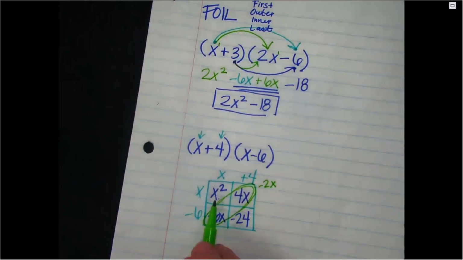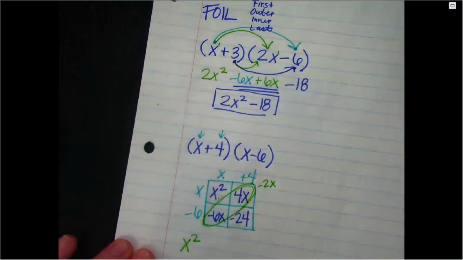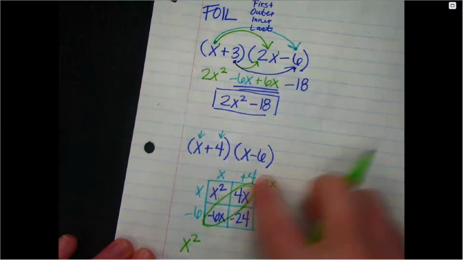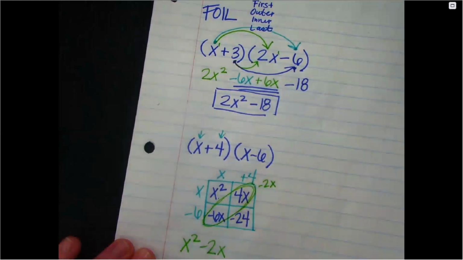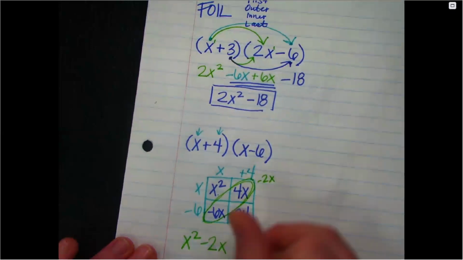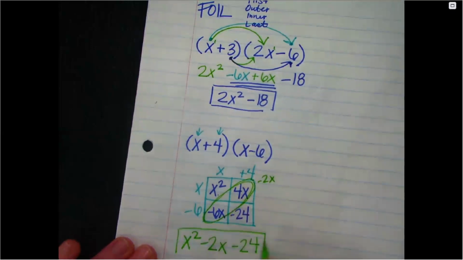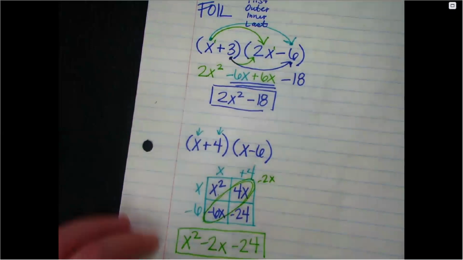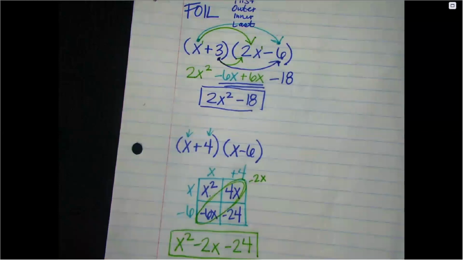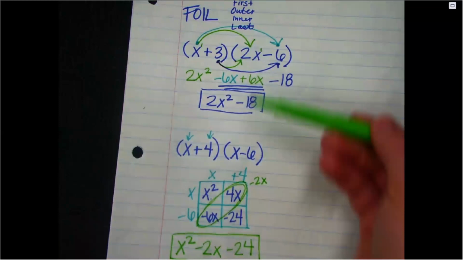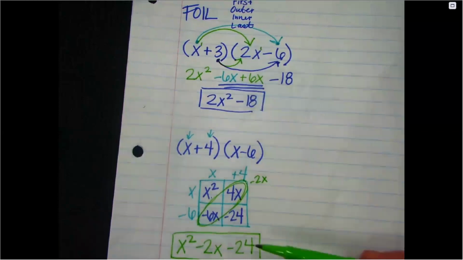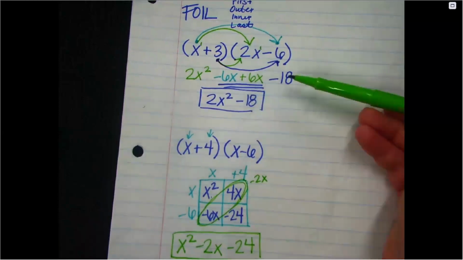You take the combination, which we got right here, which was negative 2x, and then bring down the last box, which was negative 24. Now, I think that way is great. I think it works really well. I like for things to be organized and to be nice and neat, so I like this way. But you're doing the same thing. So if you're more comfortable with FOIL, go for it. If you like to do it with this box, that's fine.